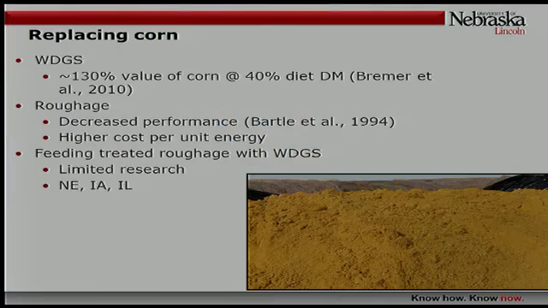Galen did a good job describing that there is decreased performance and there could be higher cost per unit of energy with these residues. There hasn't been much data recently with the exception of these 3 states. There might be a couple other states that are getting involved with this, but there's limited research on the feedlot side.